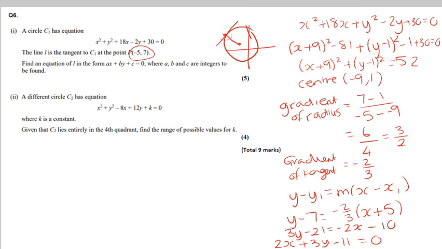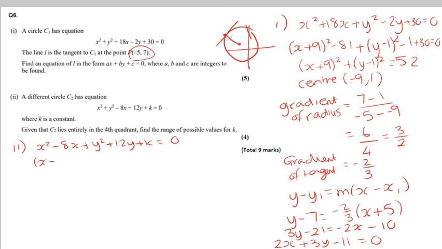Part B was quite tricky, I don't know if anyone got full marks on this one. So start it off in the same way, find the equation of the circle. I'm going to put this in a form where we can find the centre easily.